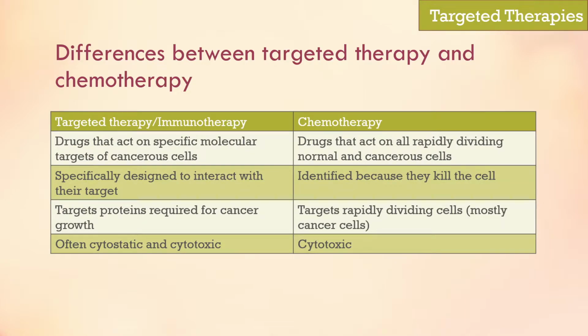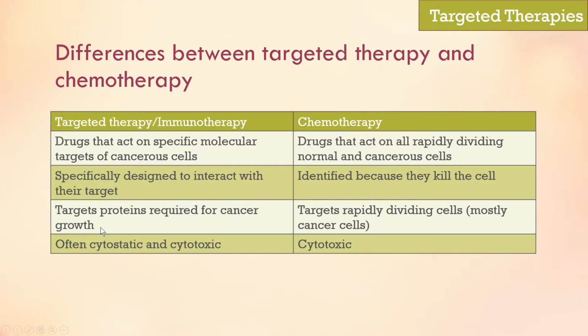So the thing that you have to know regarding targeted therapy is the differences between targeted therapy or immunotherapy and chemotherapy. So targeted therapy drugs act on specific molecular targets of cancer cells only, while chemotherapy acts on the normal and cancerous cells. Okay, next, it is specifically designed to act on the targets, while chemotherapy was identified based on its killing mechanism of the cell.